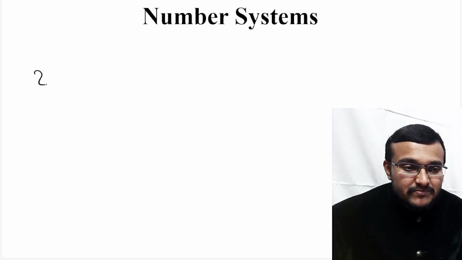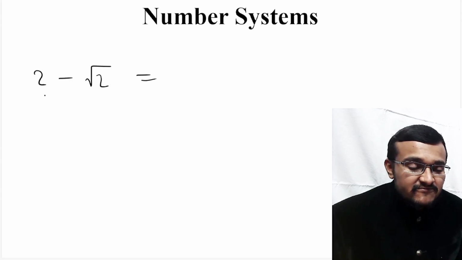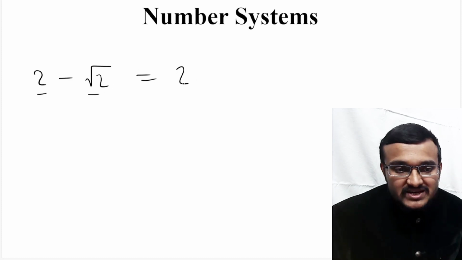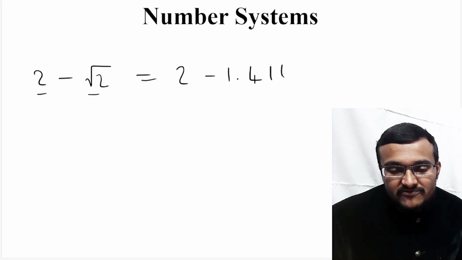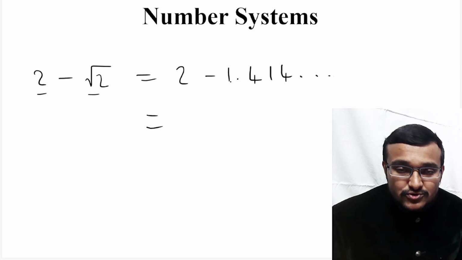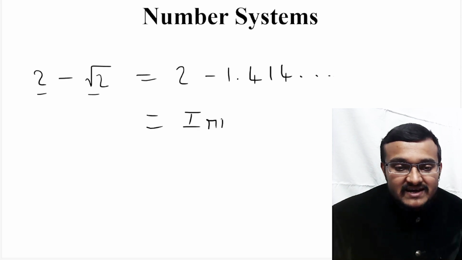Similarly, if you are subtracting a rational number and an irrational number, that is if you are doing 2 minus root 2, then you will get 2 minus 1.414 and it goes on like this. So here also when you do this, again you will get an irrational number only.